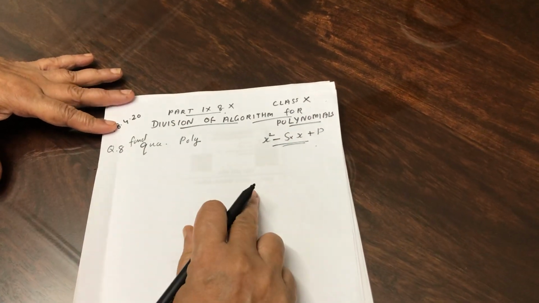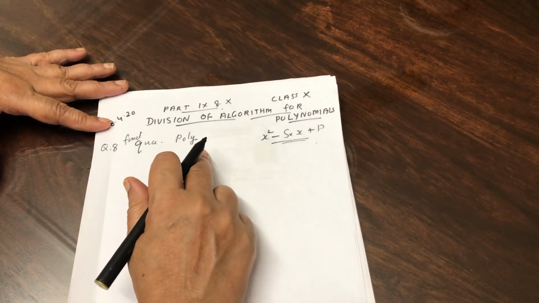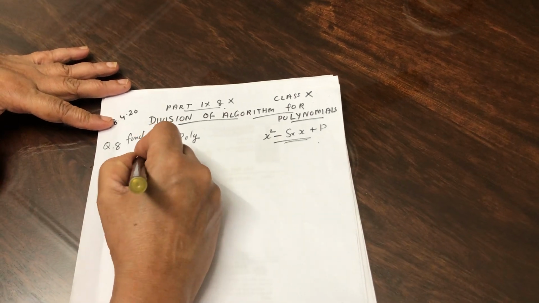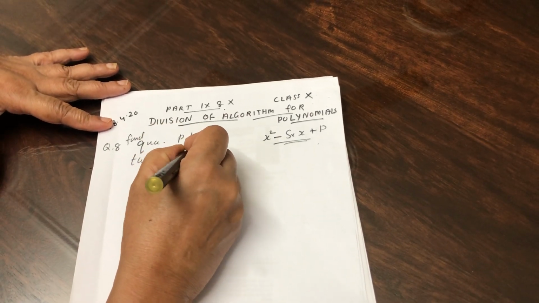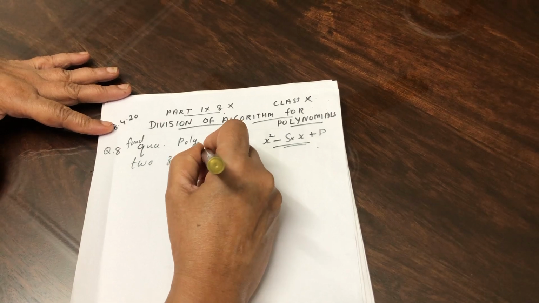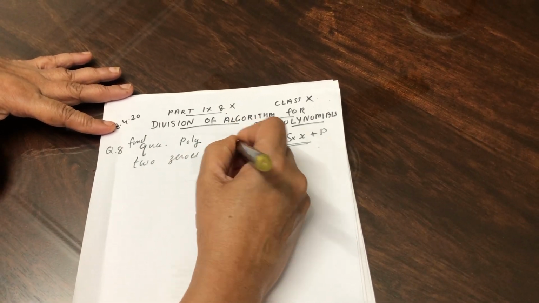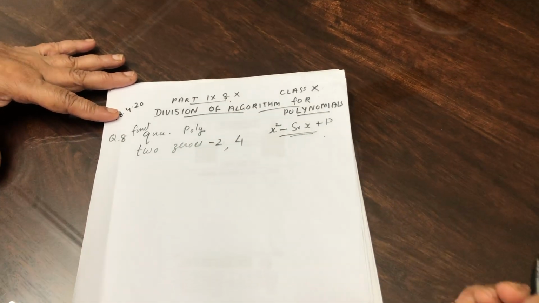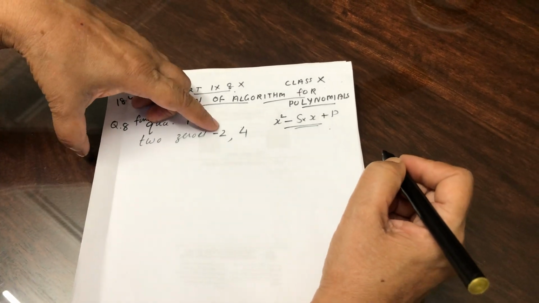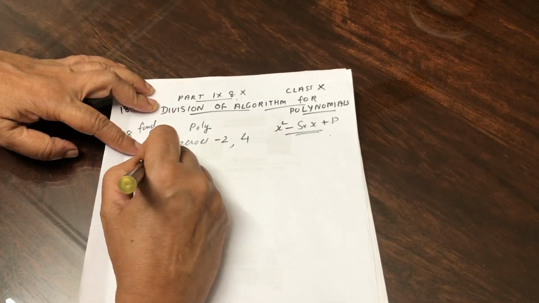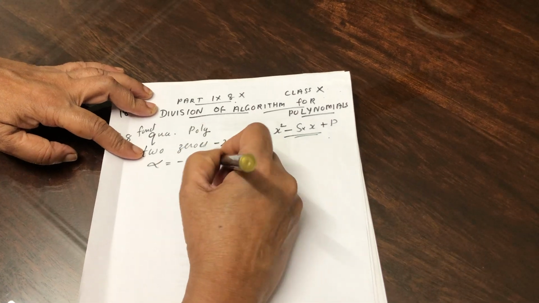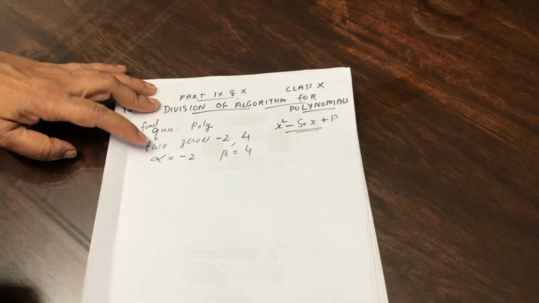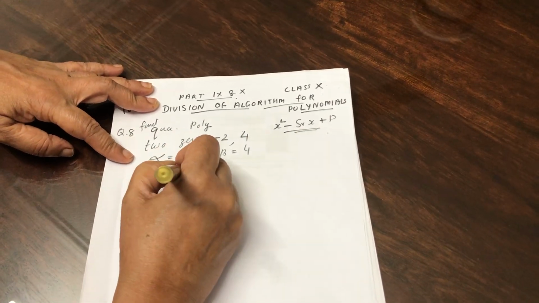Here I am going to show: find the quadratic polynomial, two zeros are given. One zero is minus 2 and the other zero is 4. If the two zeros are minus 2 and 4, one is alpha and the other is beta. What is the sum of zeros?